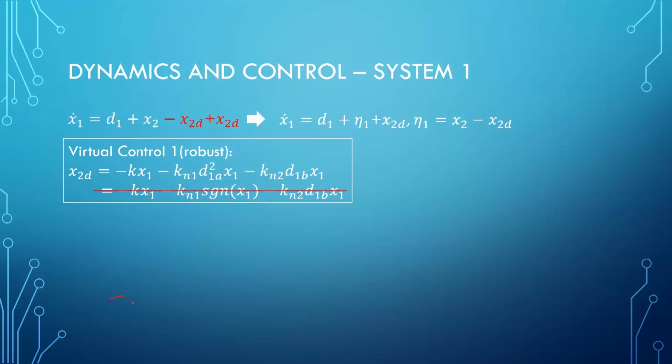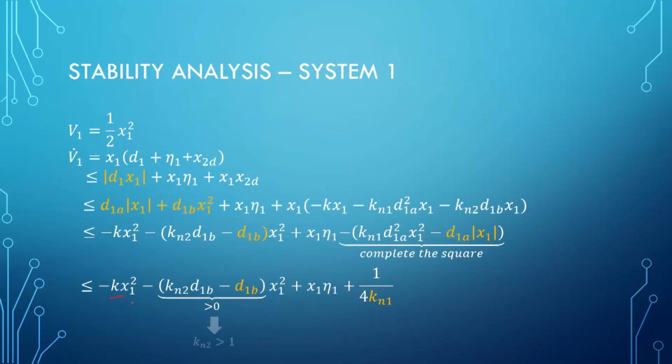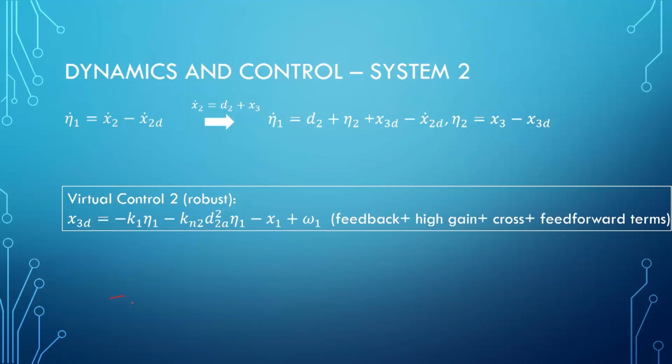But if you use the high frequency approach, there will be some problems, and they will be mentioned later, okay? Or you can use high frequency in your virtual control, because later in the second system, you need to put x2d in your virtual control.